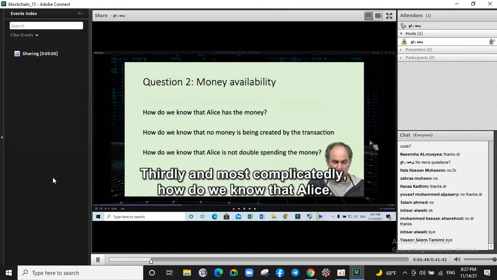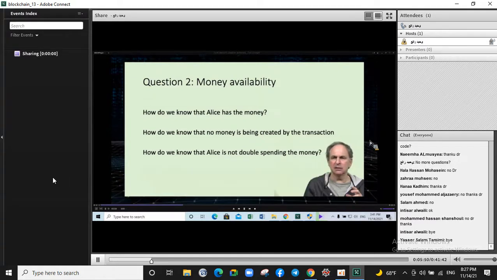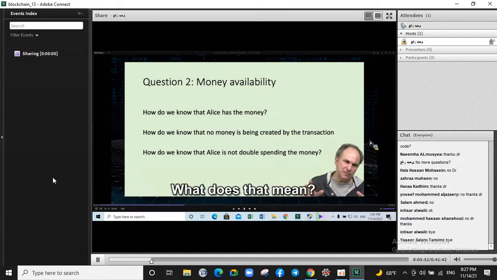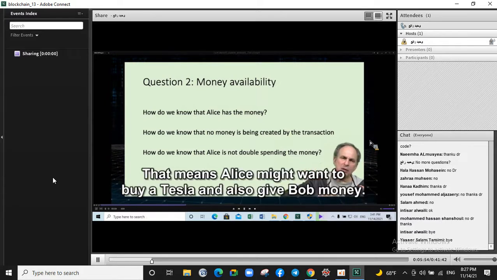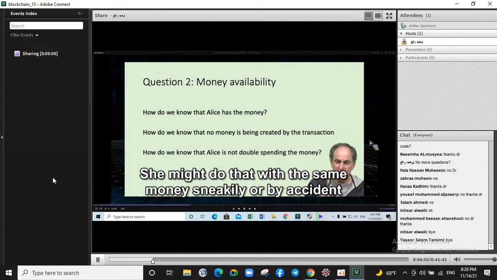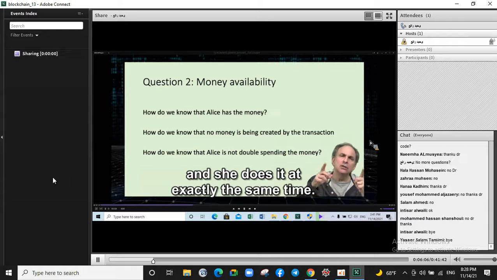And thirdly, and most complicatedly, how do we know that Alice is not double spending the money? So what does that mean? That means Alice might want to buy a Tesla and also give Bob money. She wants to do that with the same money, sneakily or by accident. And she does it at exactly the same time.